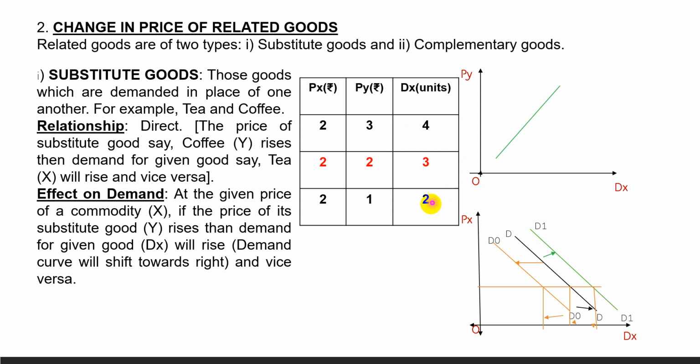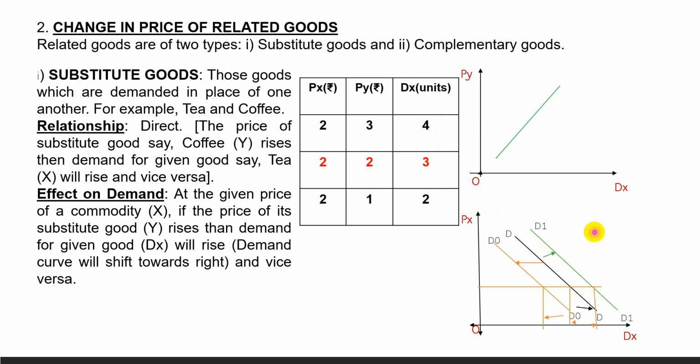So this clearly shows that the price of the substitute good and the demand for the other good are directly related. Now what is the effect on the demand? At the given price of a commodity, say X, that is 2, if the price of its substitute good rises from 2 to 3, then the demand for the given good X rises from 3 units to 4 units, and the demand curve will shift towards right.